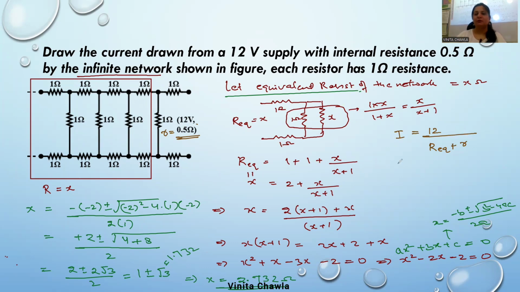Okay. So it's 12, R equivalent is 2.732, plus small r is 0.5.